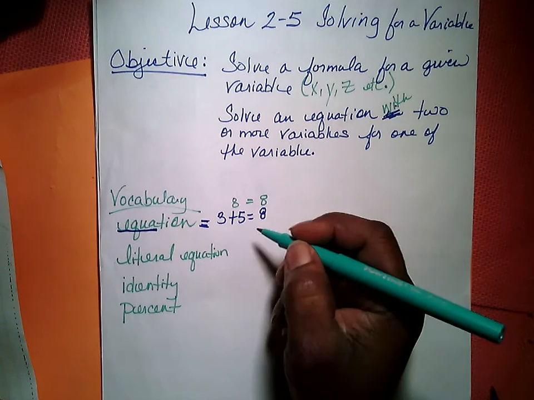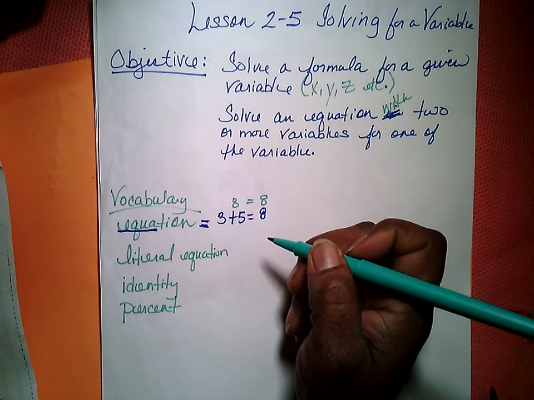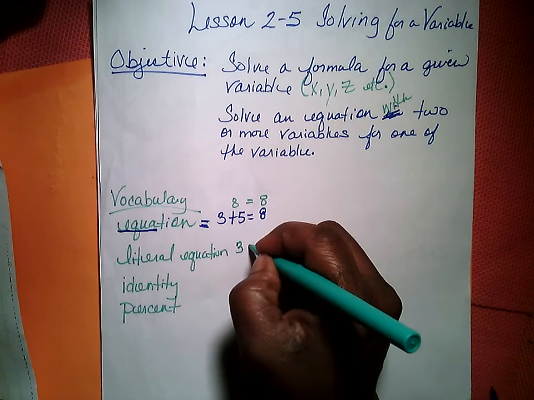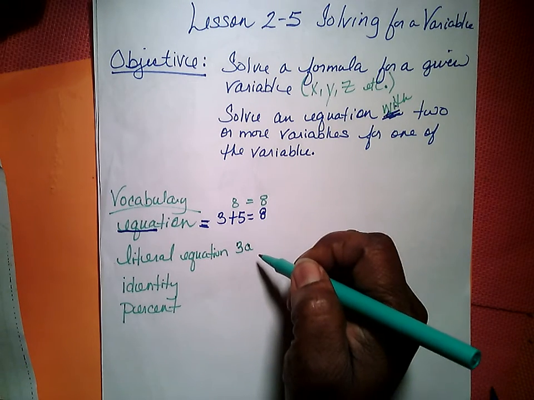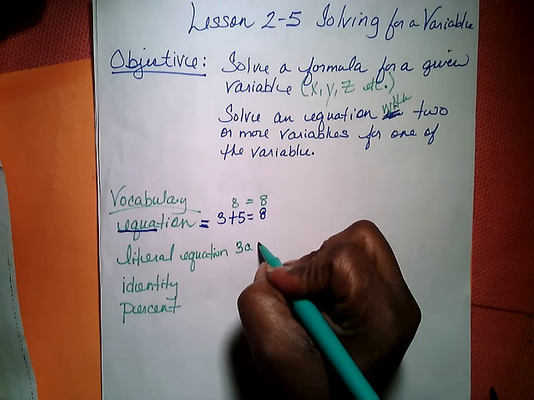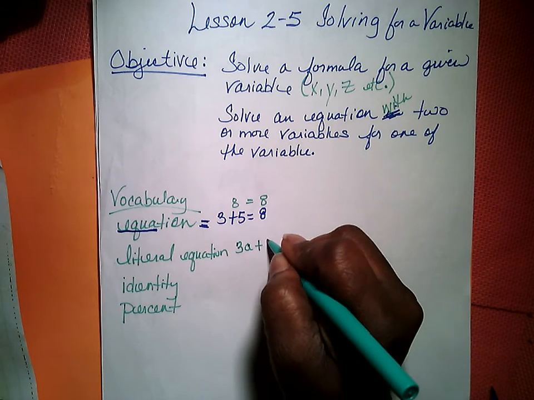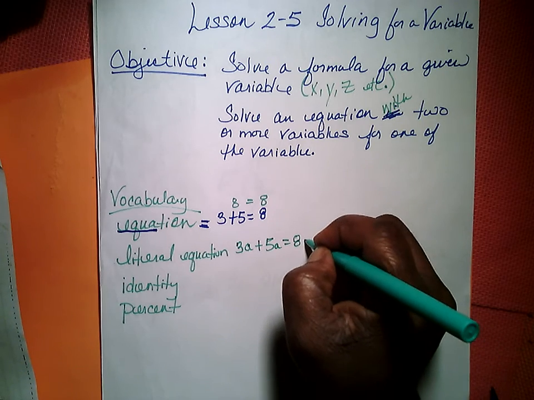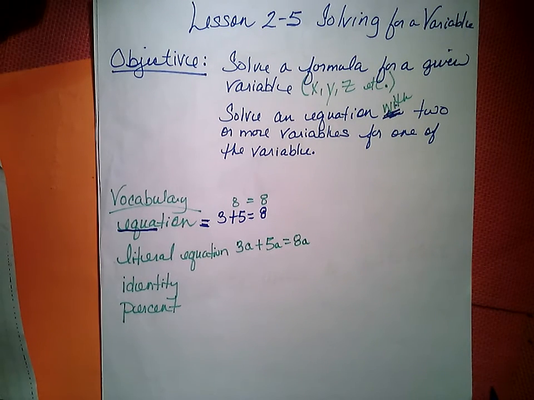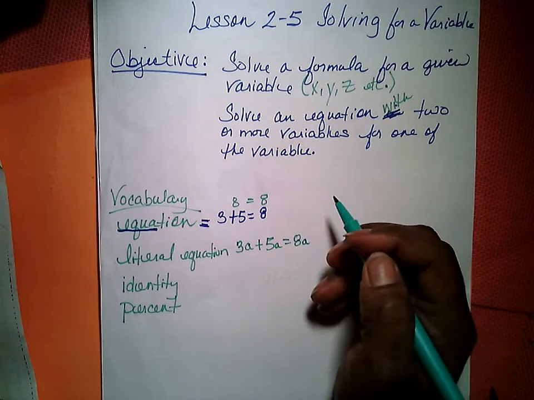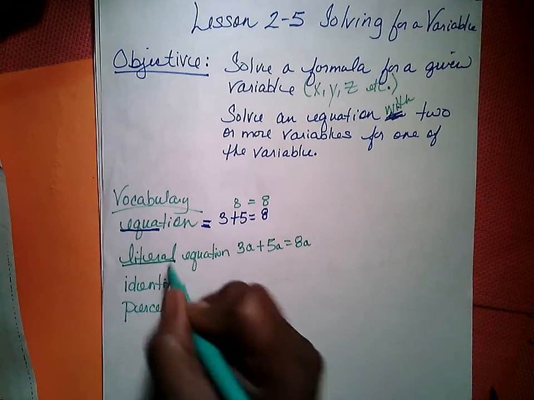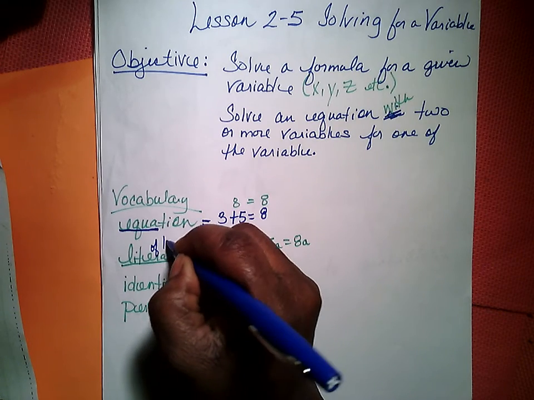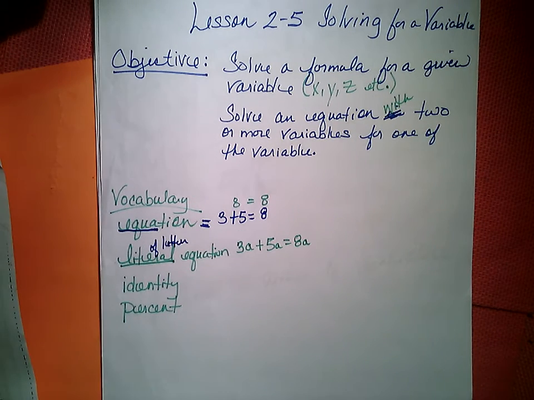Perhaps something similar to 3A plus 5A equals 8A. So it has alphabet as well. Literal means of letters, so letters are going to be a part of what a literal equation is.